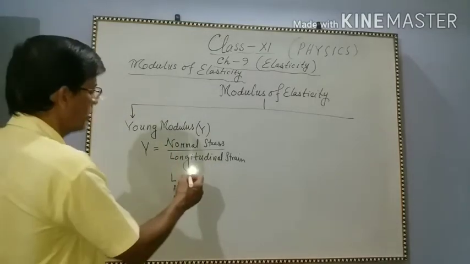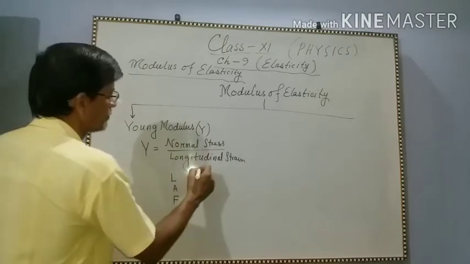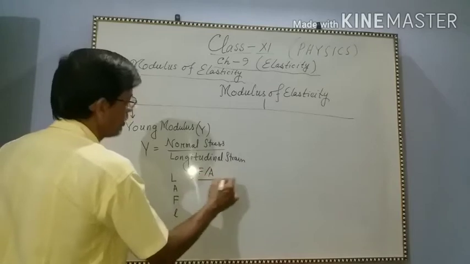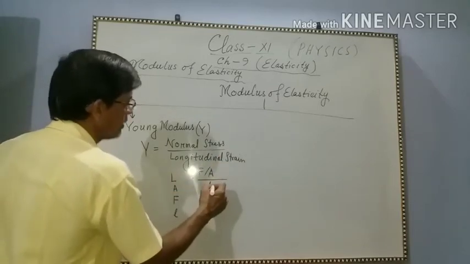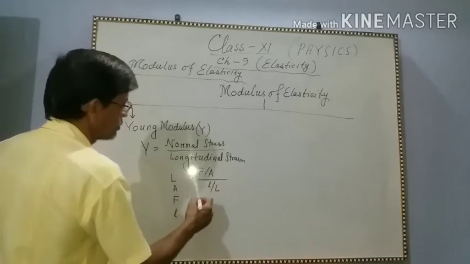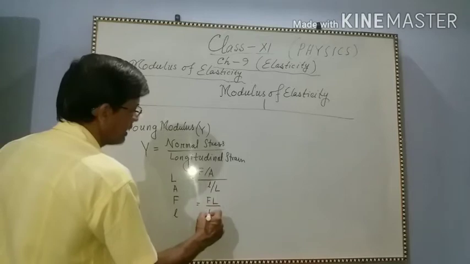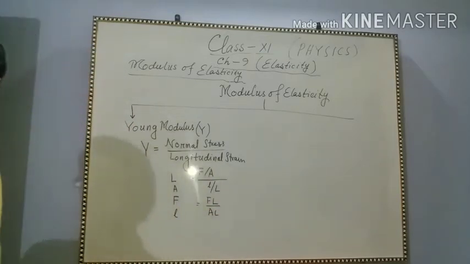Then what can we write? Normal stress is F by A. Longitudinal strain is l by L. So this is FL by Al. This is the Young modulus.